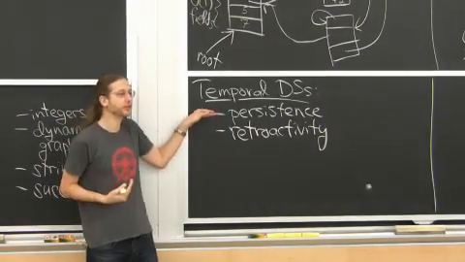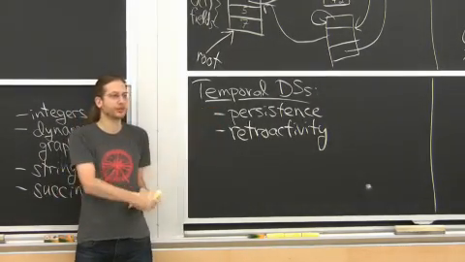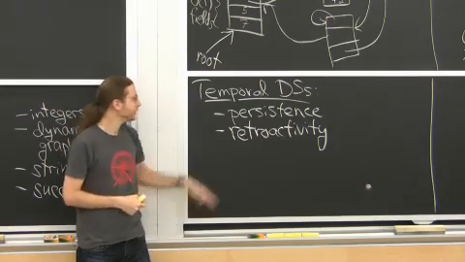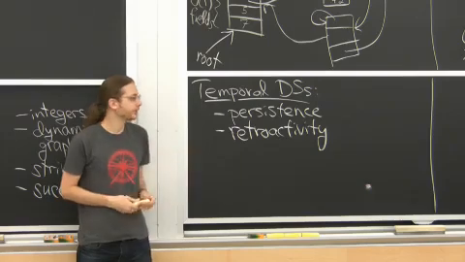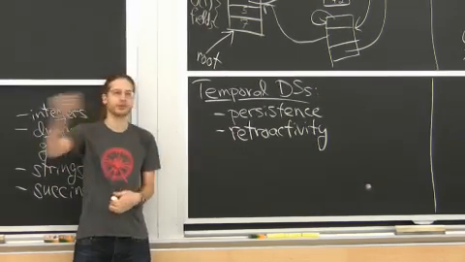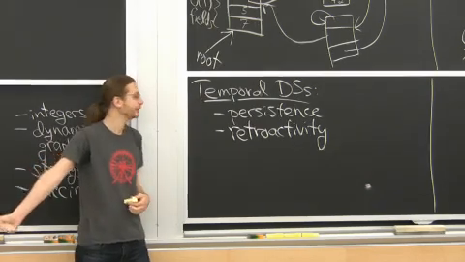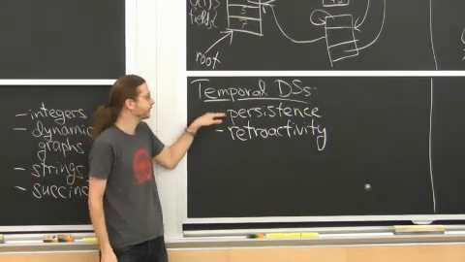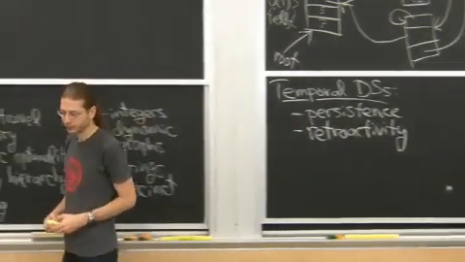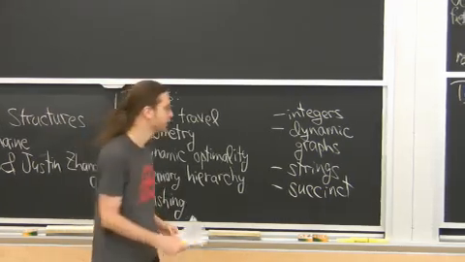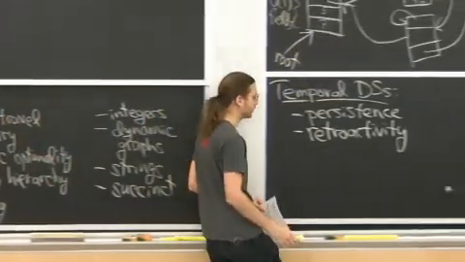Persistence is the branching universe time travel model, where if you make a change in the past, you get a new universe. You never destroy old universes. Retroactivity is more like Back to the Future, where you go back, make a change, and then you can return to the present and see what happened. This is a lot harder to do, and we'll work on that next class. Persistence is what we will do today. So, persistence.